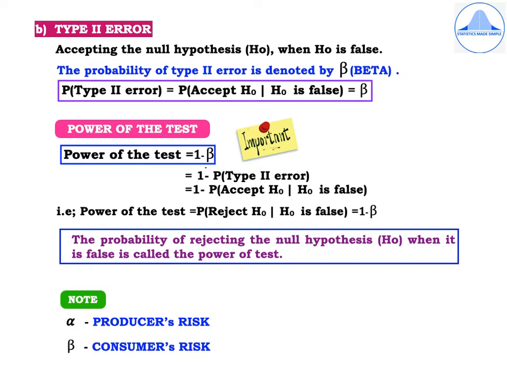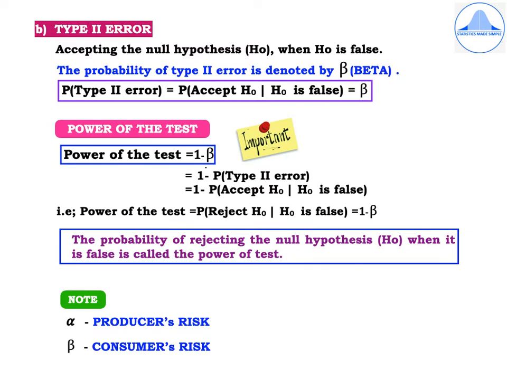Let us now learn another important definition which is called the power of the test. The power of the test is denoted by 1 minus beta. So let us substitute for beta in the next step. It will become 1 minus probability of type 2 error, which is equal to 1 minus probability of, write down what is type 2 error. It is accepting H0 when H0 is false.